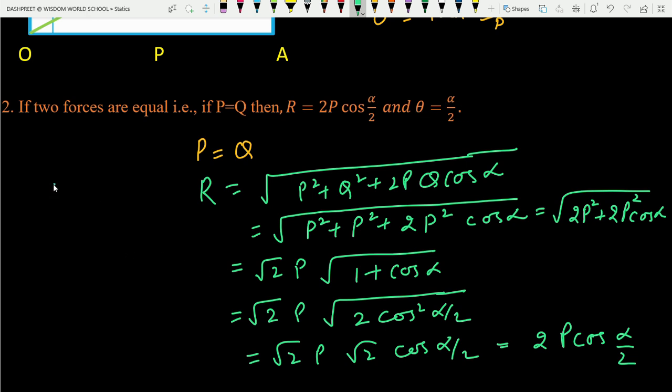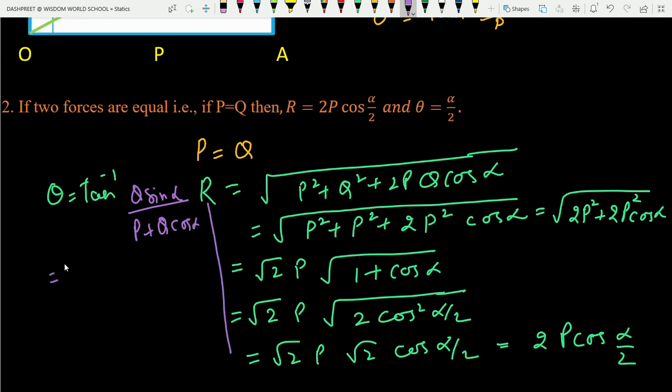The formula for theta is tangent inverse of Q sin alpha divided by P plus Q cos alpha. Since Q is equal to P, both are the same, so you can write it as Q sin alpha divided by Q plus Q cos alpha.